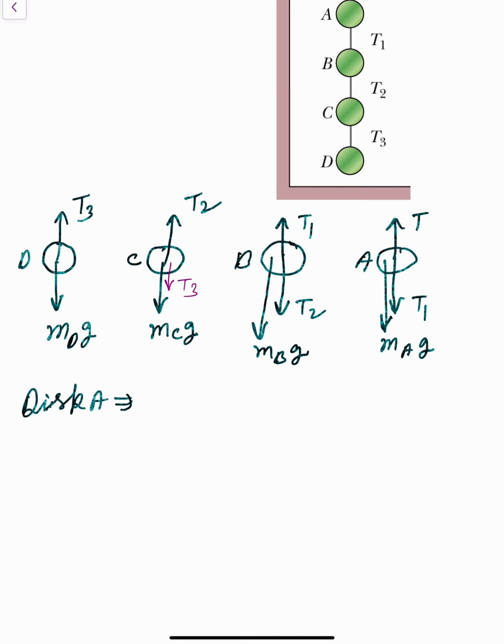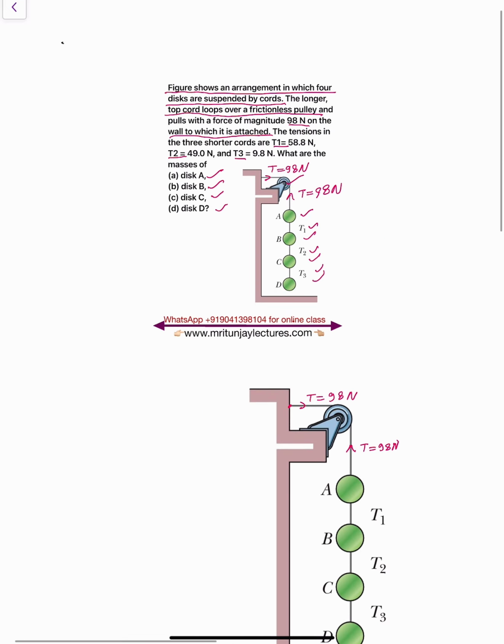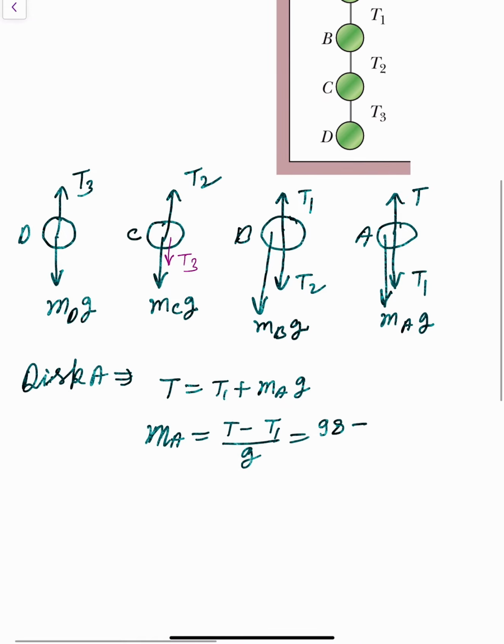The net force on disc A gives T equal to T1 plus MA into G. So what about MA? MA is written as capital T minus T1, divided by G. Capital T is 98, and T1 is simply 58.8, divided by 9.8, because I have taken G as 9.8.